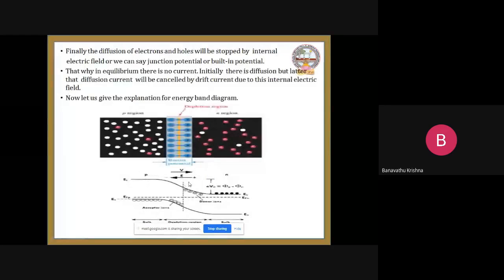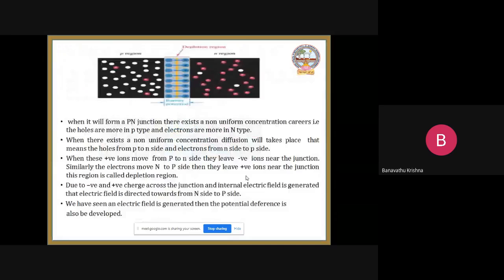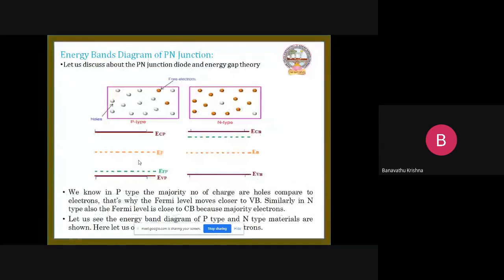Here we have the conduction band and valence band in P type, and similarly the conduction band and valence band in N type. As I told you, go to the first slide now. This is the energy band diagram for P type and for N type.